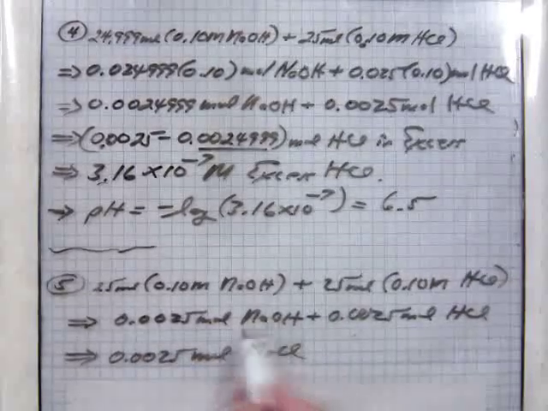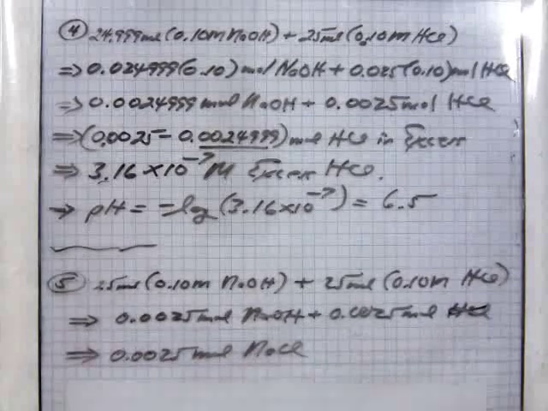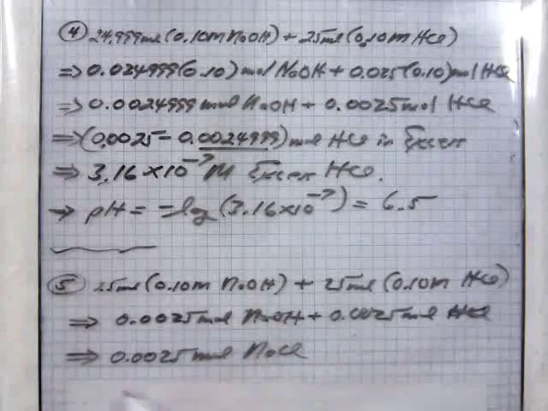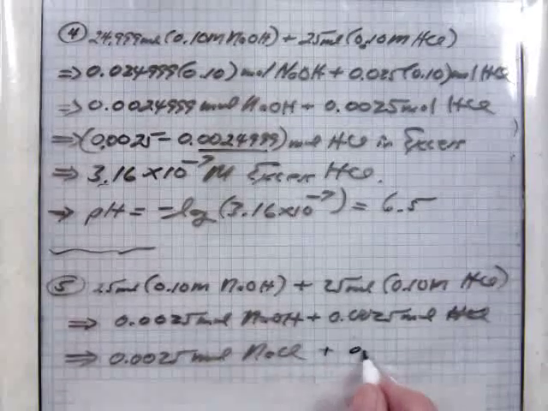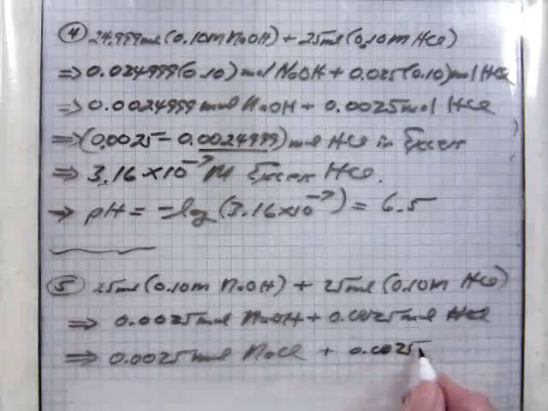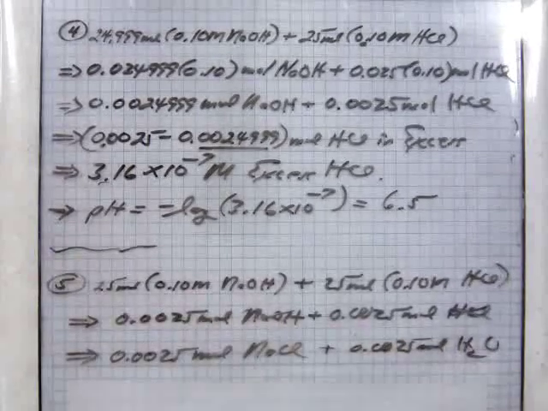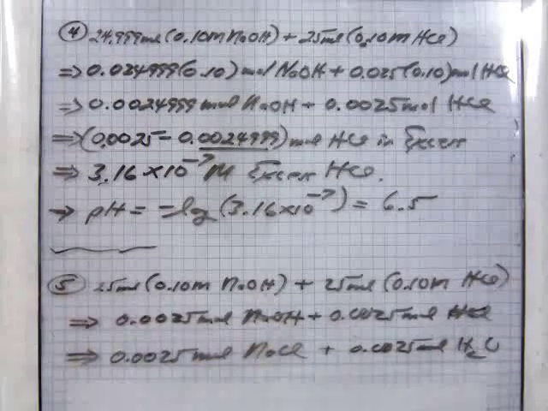There is no more sodium hydroxide or HCl because it's all been converted to the sodium chloride plus water, put this in there for emphasis, on the product side. But this doesn't enter into our calculation.